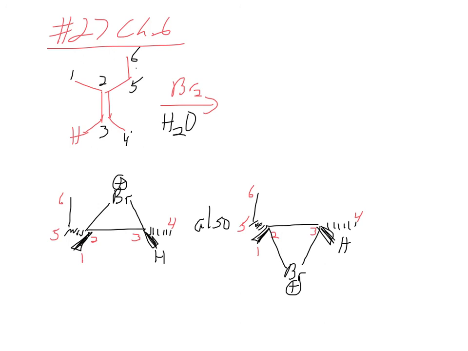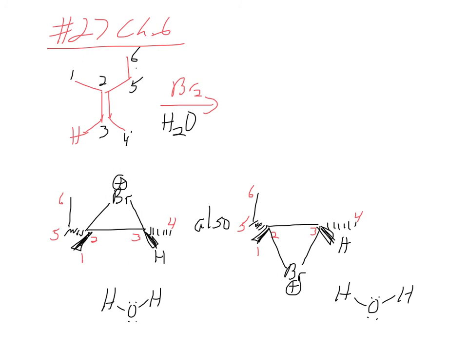Right? So at this point, if water's in there, you should know about bromonium ions that they end up with what kind of products? Trans products. That means the nucleophile that attacks has to attack from the opposite side.